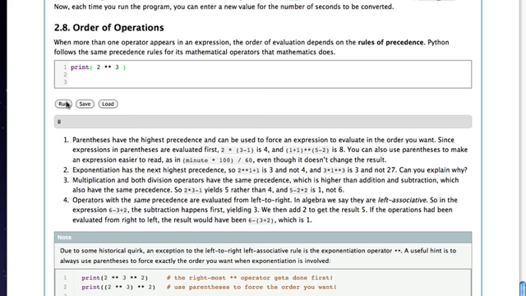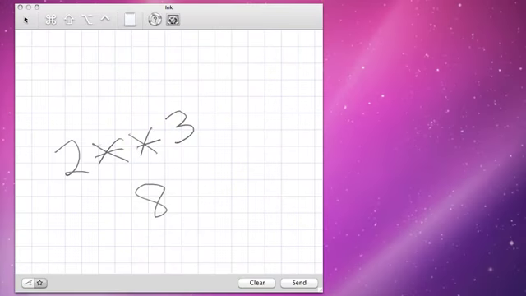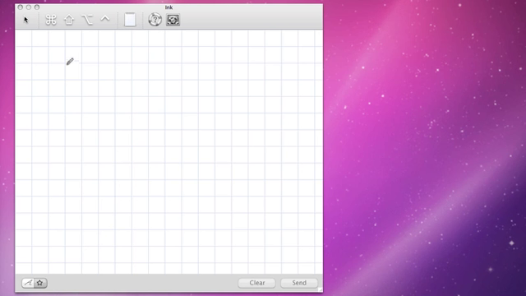Now, what do you suppose is the precedence of the exponent operator with respect to the other two classes that we've seen already, multiplication and addition? And the answer is that the exponent operator has the highest precedence. And so the order of operations is going to be like this. The exponent operator is always going to be done first.